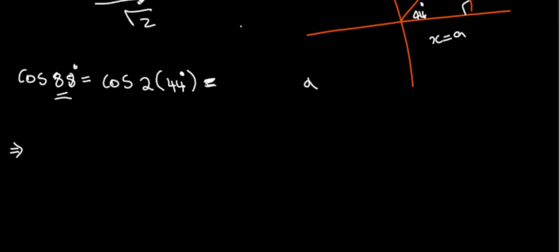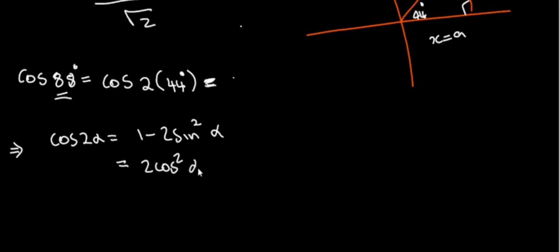I hope no one will be confused on this, okay? So what we're going to say is that the cos of 2 alpha is equal to 1 minus 2 the sine squared alpha. Right. Or this is equal to 2 the cos squared alpha minus 1. So now I can choose any of these two.